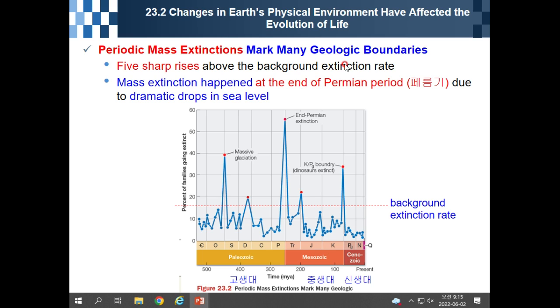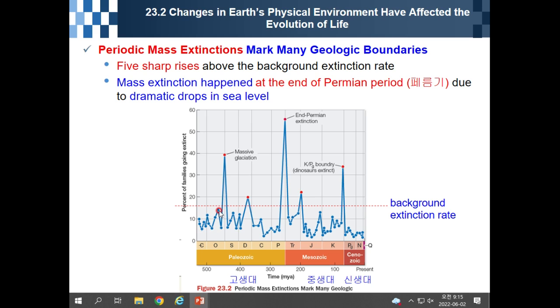It's like this. The x-axis is composed of the Paleozoic and the Mesozoic, and the Cenozoic is like this. The y-axis is the percent of families going extinct. There are periods of up, down, up, down.